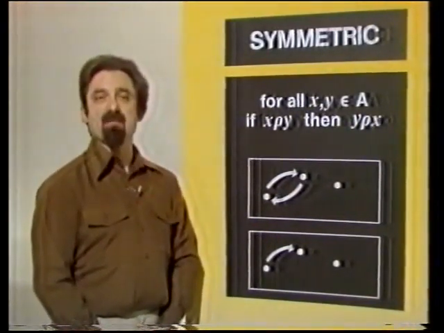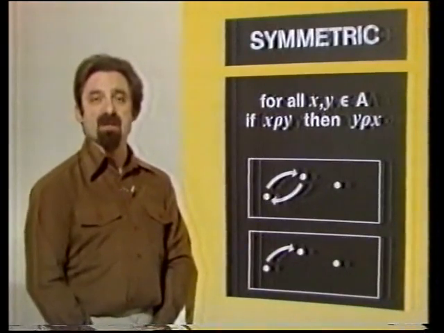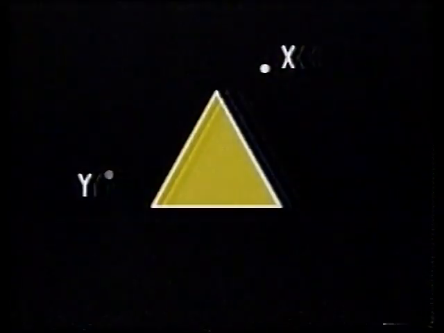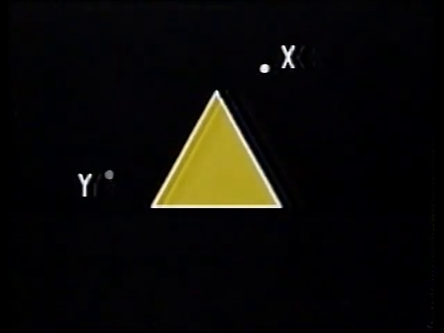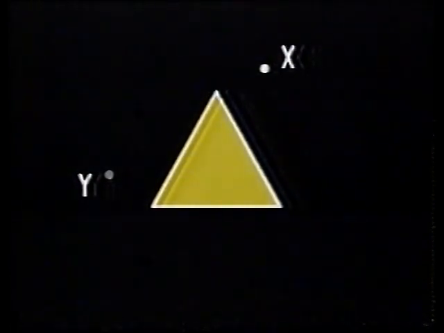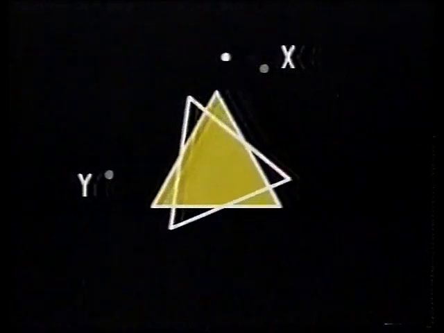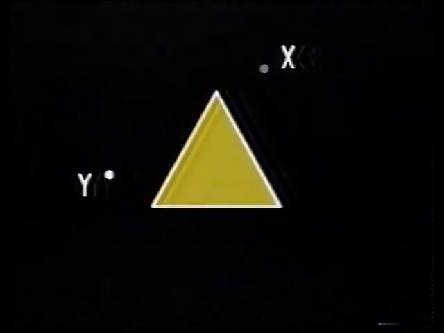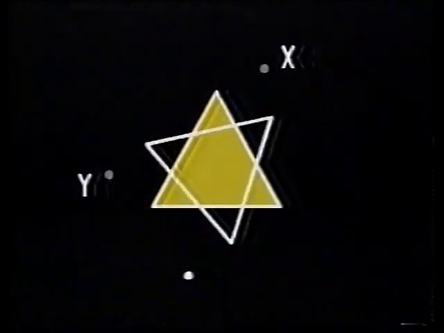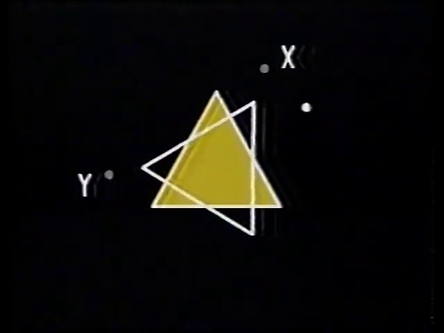So what about our example? Is that relation symmetric? Suppose x is related to y. Then there's some transformation which takes x to y. Perhaps it's a rotation, say through 2 pi by 3. If you then apply the rotation through 4 pi by 3, you'll take y to x.